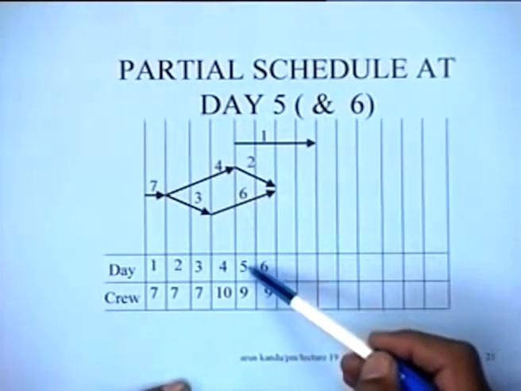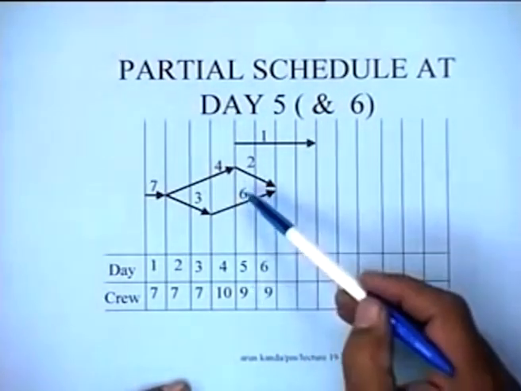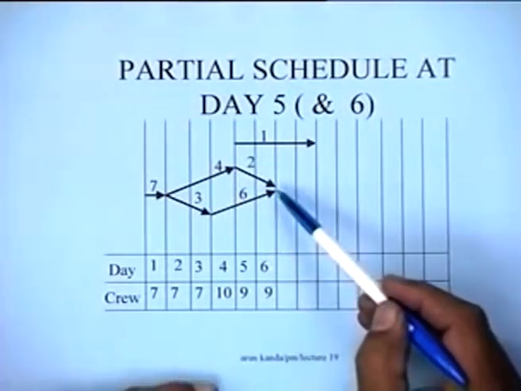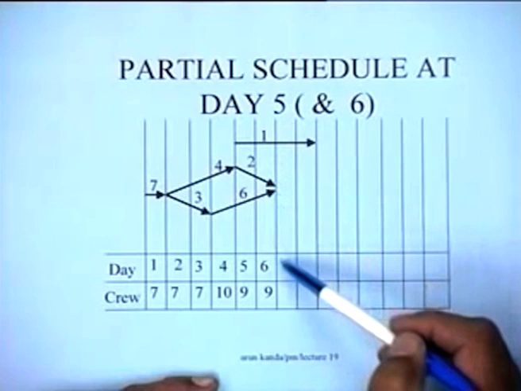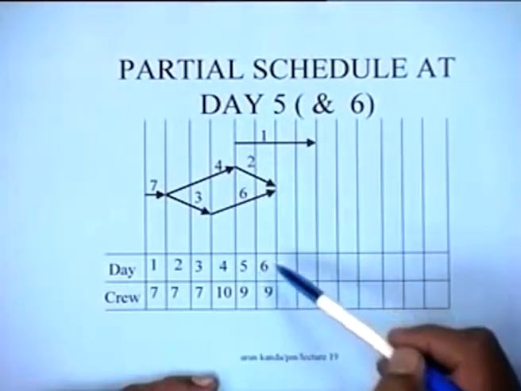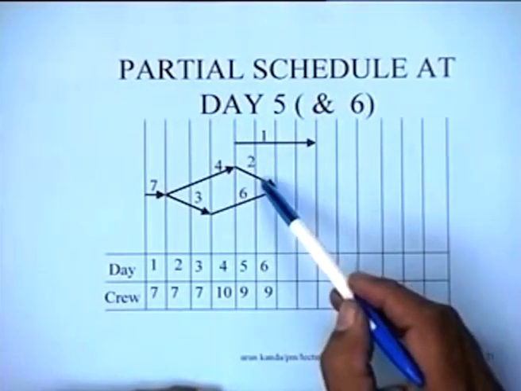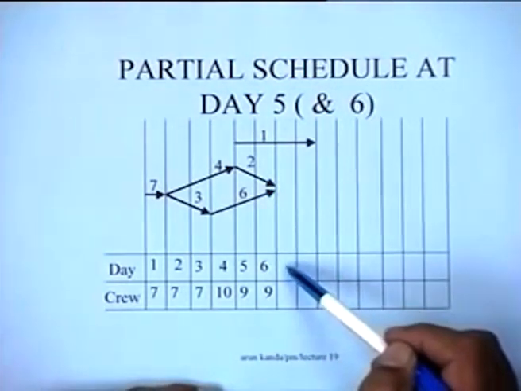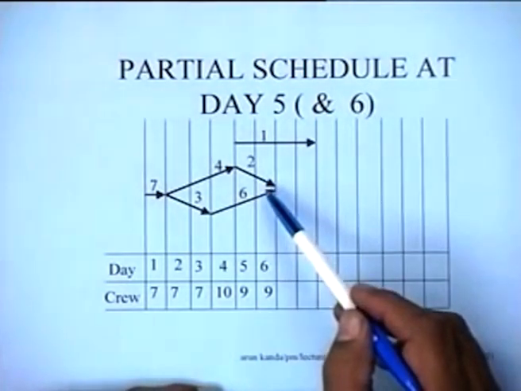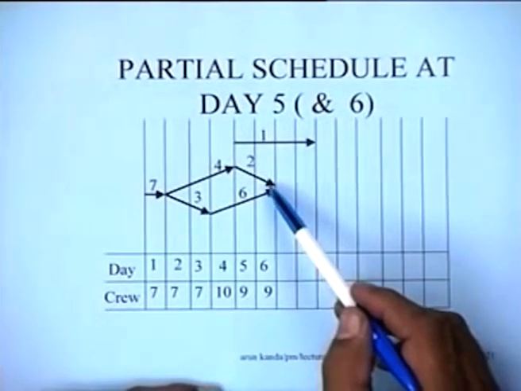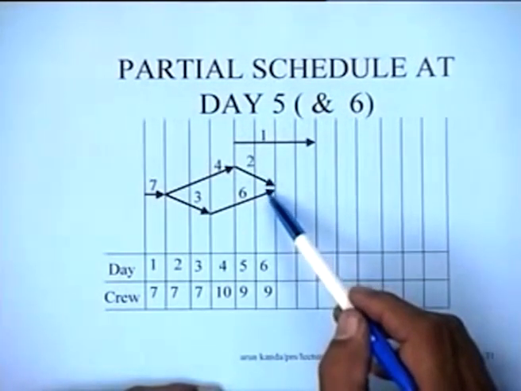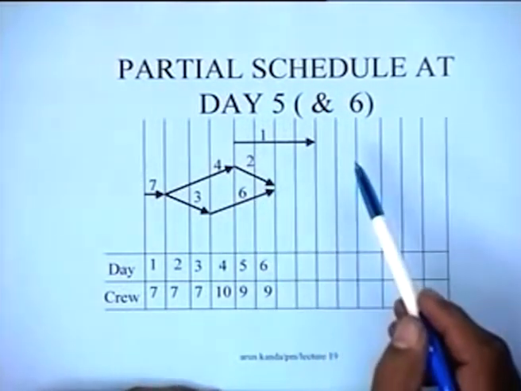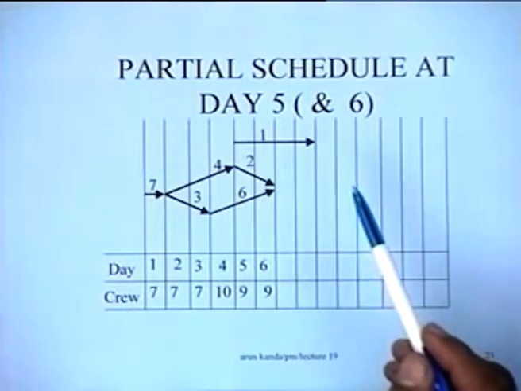So obviously during days 5 and 6, the total resource requirement will be 9 and 9 respectively, and this is what is going to continue at the end of the 5th and the 6th day. Now when 2 and 6 are completed on the 7th day, the successor to job 2 and 6, which is job 9, would also become a candidate for placement, right? So let us see how that happens.